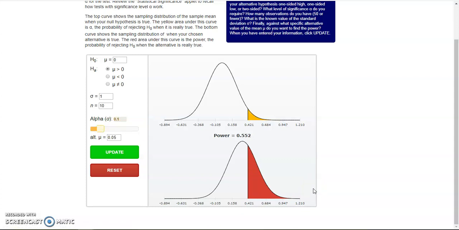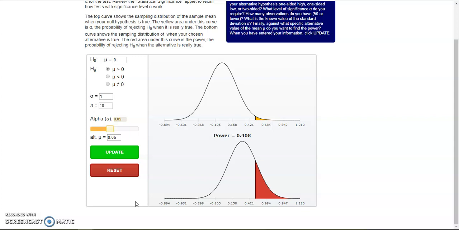So beta and alpha are related, and if you shift around alpha, then you're going to decrease your beta, which means you're going to increase your power. So the probability is going to be higher that you're going to correctly reject a false null hypothesis.